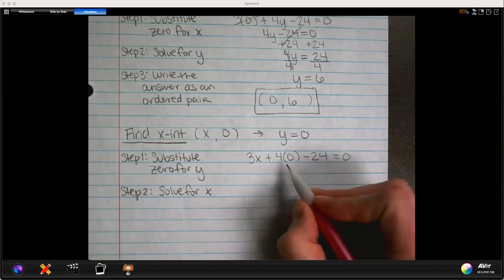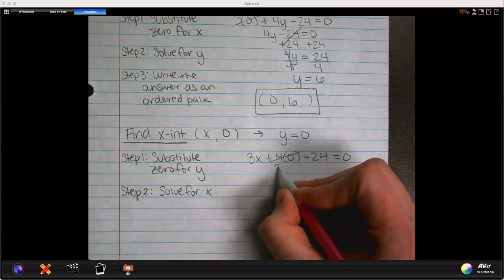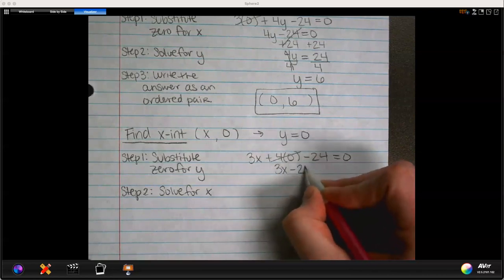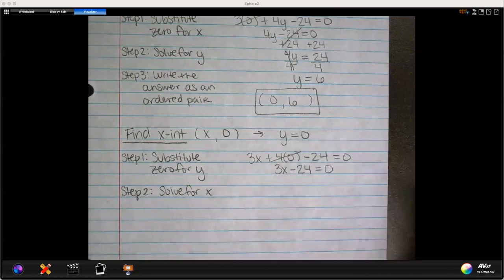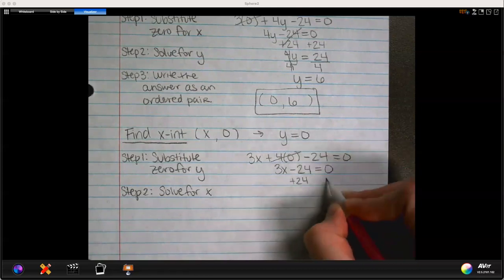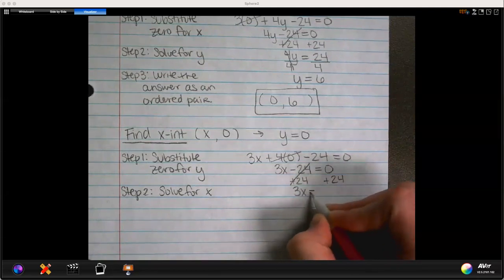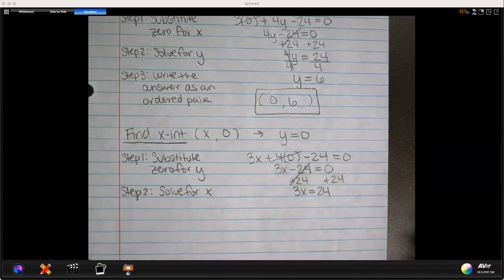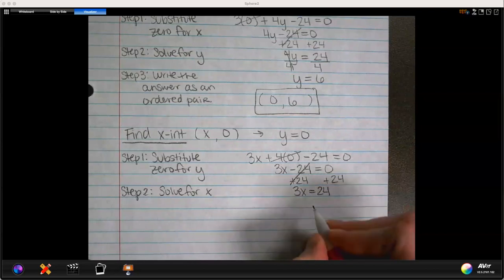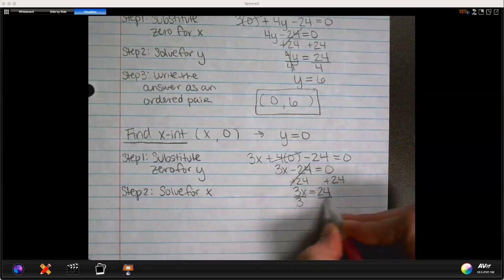So when I look at this, 4 times 0 is going to be 0. I'm left with 3x minus 24 equals 0. First step should be to add 24. And then we need to divide by 3.